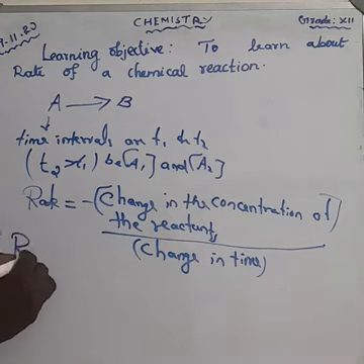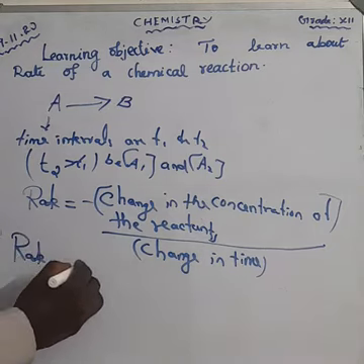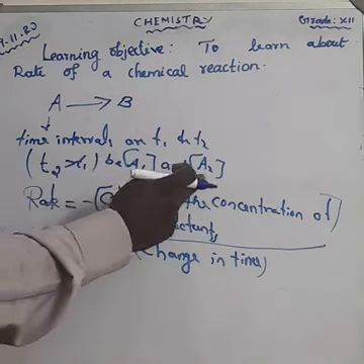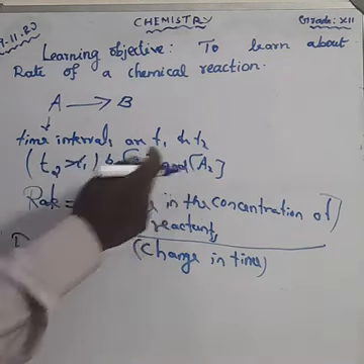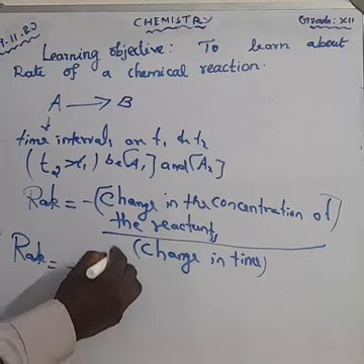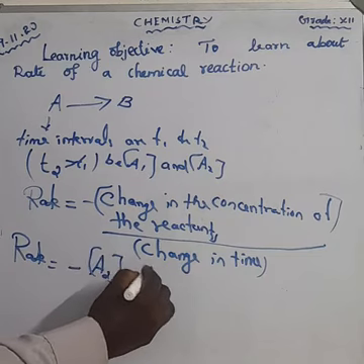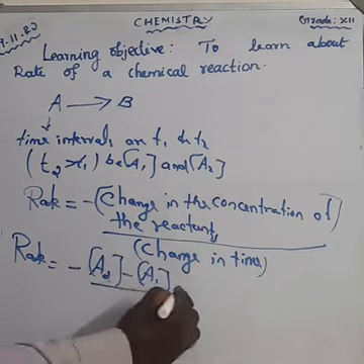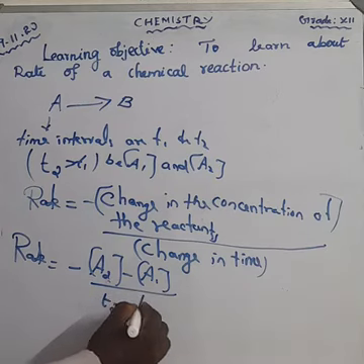Rate is equal to the negative sign times A2 minus A1 divided by T2 minus T1.